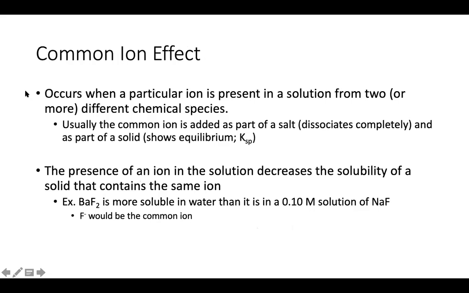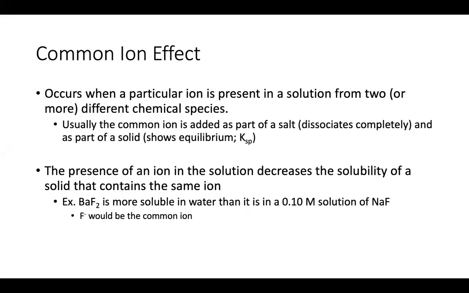So the common ion effect, this is something that we actually proved in one of our challenge problems, number 4, earlier in this session. Basically, the common ion effect occurs any time a specific ion comes from multiple chemical species. In this chapter, we'll see the common ion effect when we add a solid that has a Ksp, and one of the ions in that solid is already present in the solution.